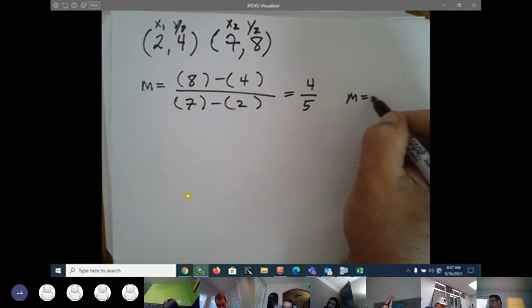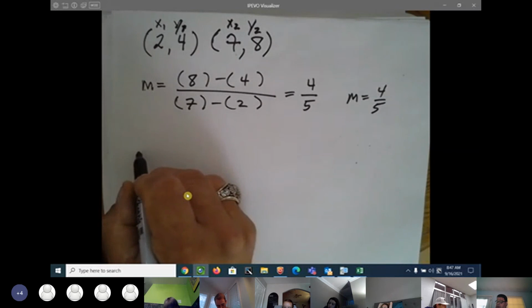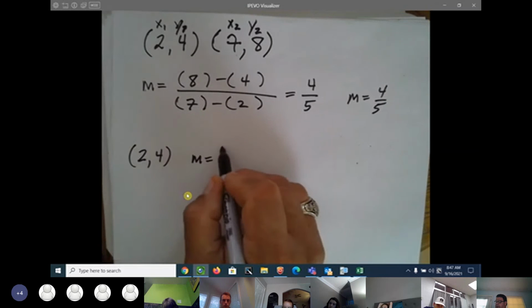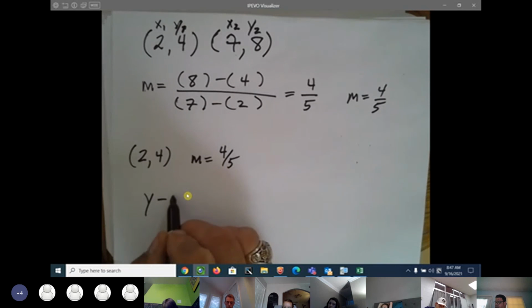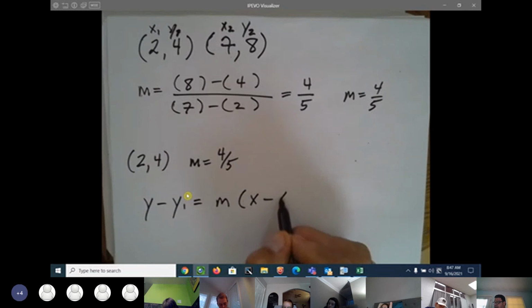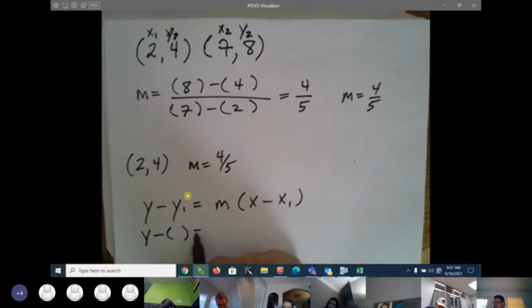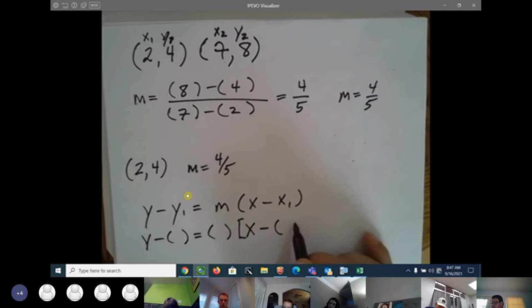So m is equal to 4/5. The point is (2, 4). y minus y1 is equal to m times (x minus x1). y minus ( ) is equal to ( ) times (x minus ( )).